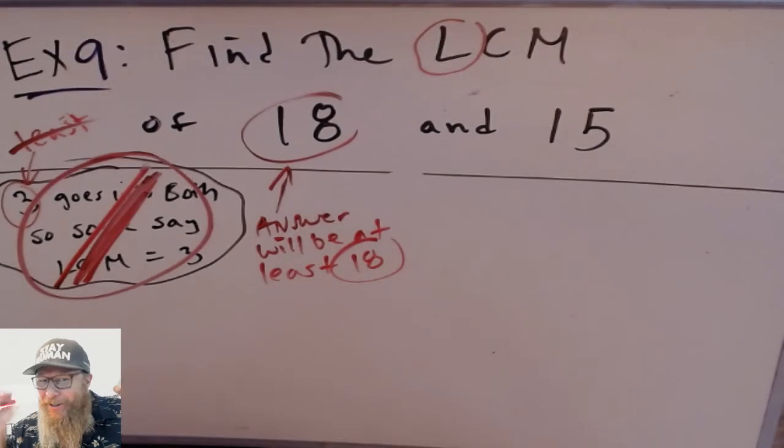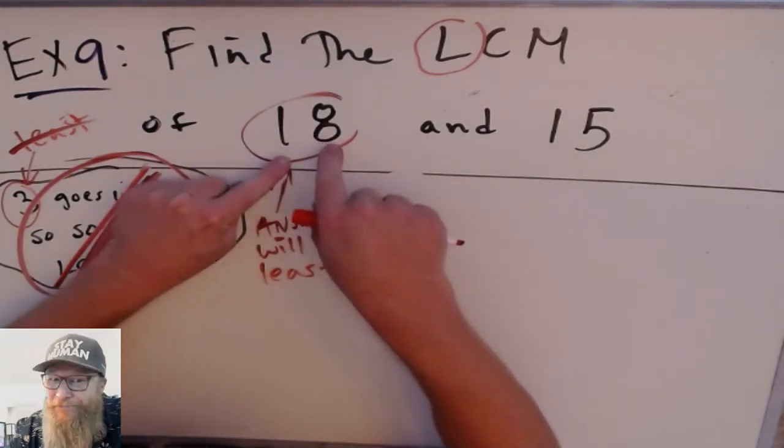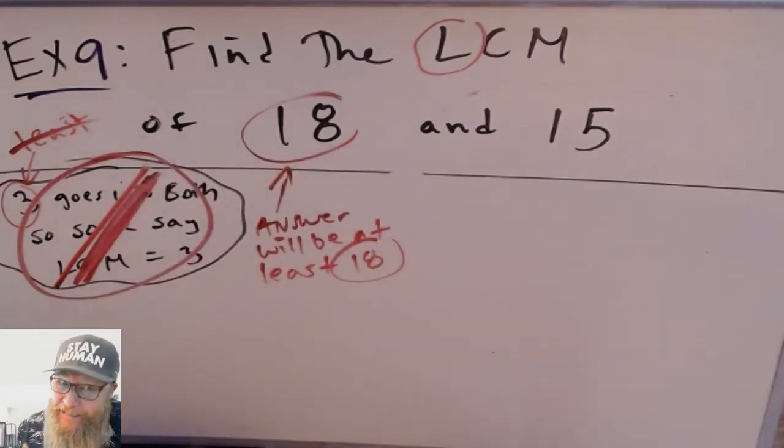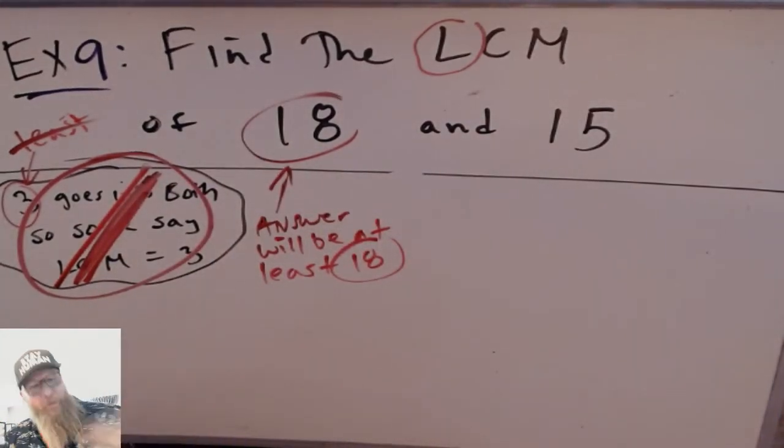So really the word least kind of throws your brain in the wrong direction. The word least means it's going to be at least 18. It's actually going to be bigger than 18, but if you get an answer that's smaller than 18, then you are misreading the terminology, okay?